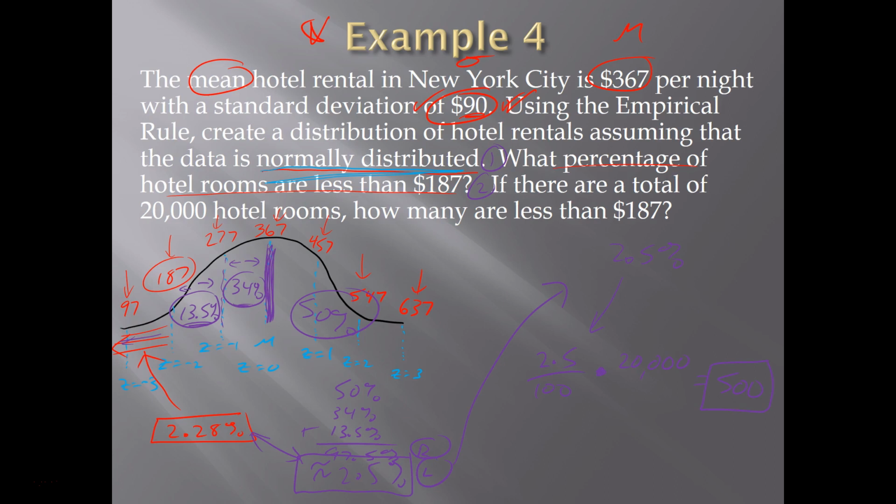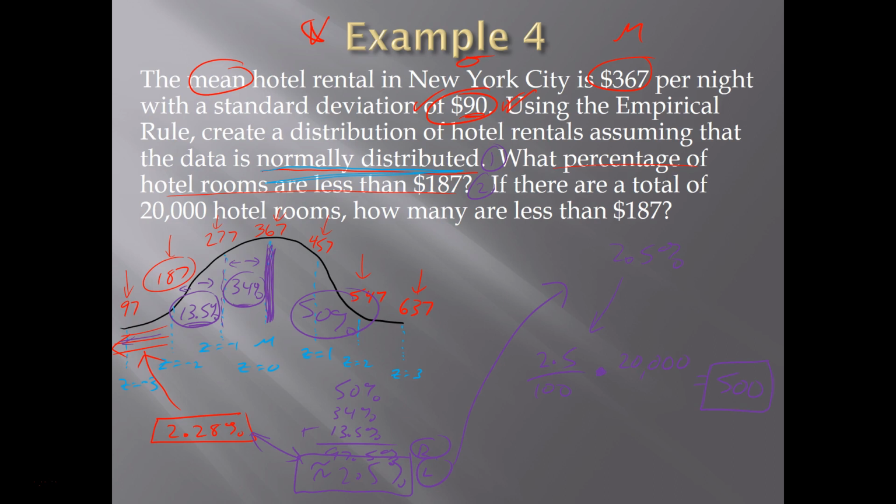That is what you need to know about normal distribution, the empirical rule, which is the 68, 95, 99.7 rule. What you need to know about finding z-scores, but you also need to know what to do with the z-score. When you find a z-score, the whole reason for getting a z-score is so that you can look it up in a z-score table and find the percentages.